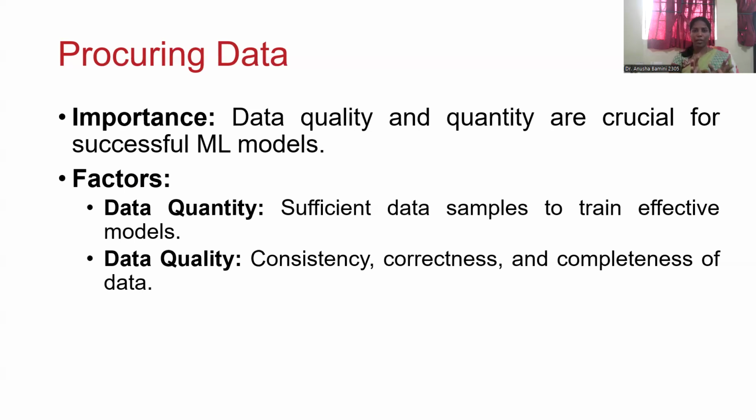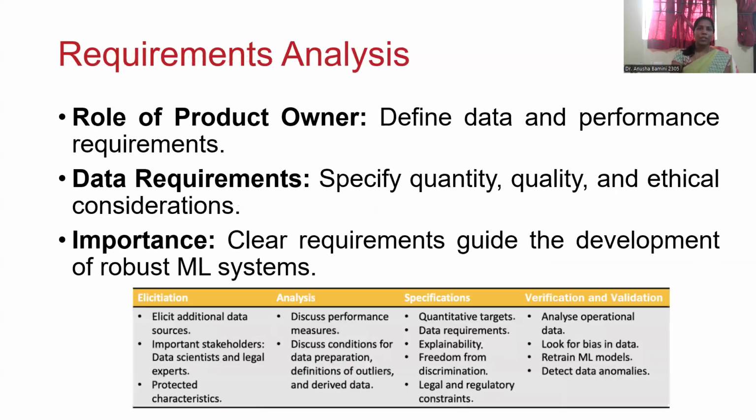So we are training the model with cat and dog images only. This is called the correctness, consistency, and completeness of the data. So these are the two factors we have to concentrate on at the time of procuring the data: quantity and quality of the data.